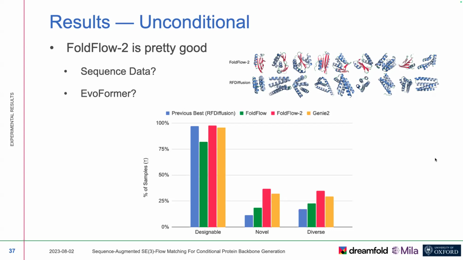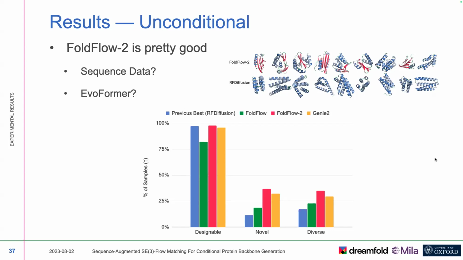To be honest, we don't completely understand where this improvement in novelty and diversity comes from. We have some hypotheses. One of them is the inclusion of sequence data. This is a trend that I believe the MultiFlow paper also observed, where adding sequence data improved novelty and diversity.